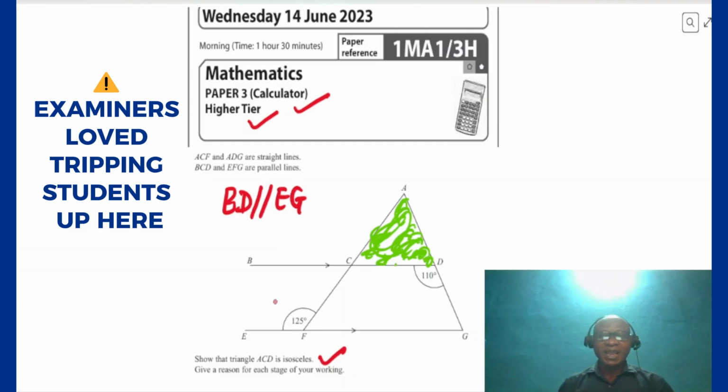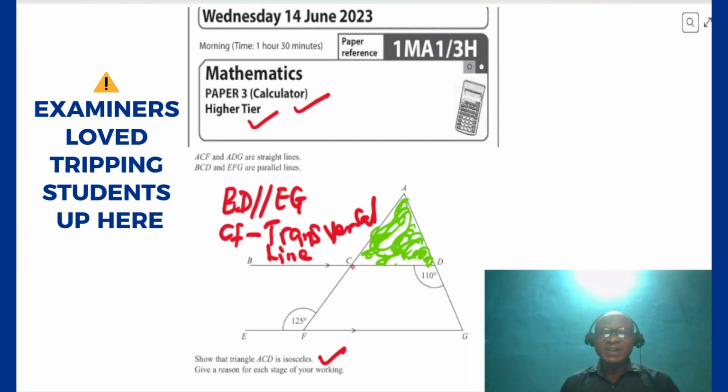Therefore, since line BD is parallel to line EG, line CF is what we call a transversal line. A transversal line between two parallel lines creates a lot of angles.